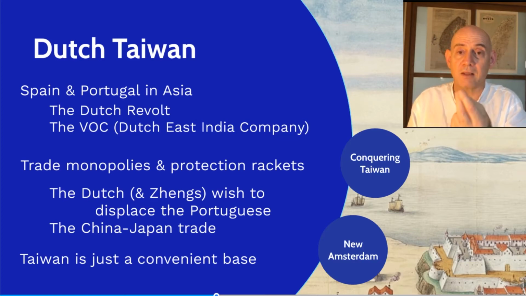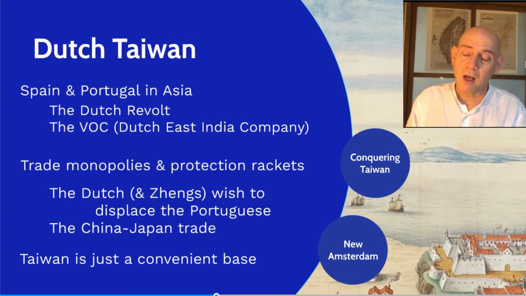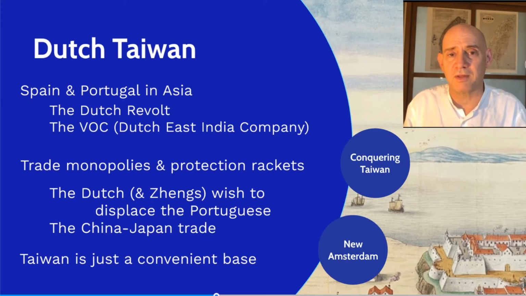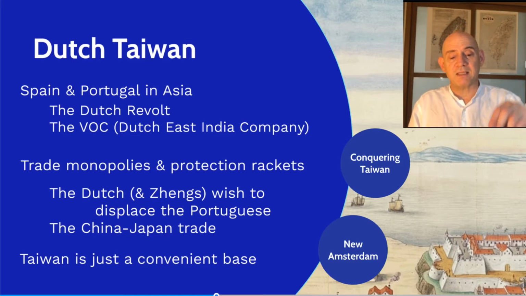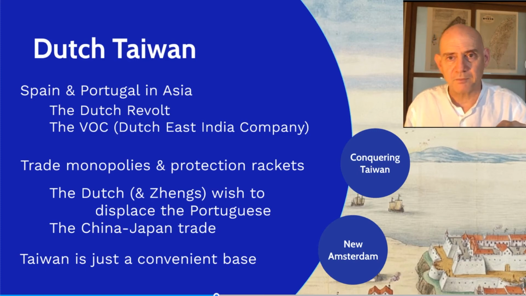They try to set up a base there, but once again the Chinese admiral comes in and pushes them out, though he also lets them know that if they go over to Taiwan, no one will bother them there. That's a good place for a base, and the Dutch take them up on this. So it's actually 1624 when the Dutch come over and set up a base in what's now Tainan.